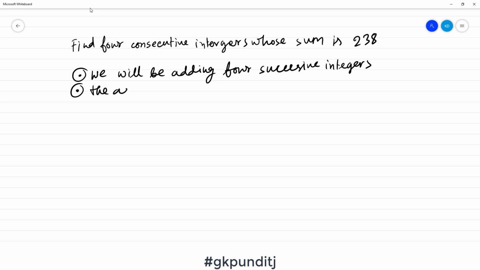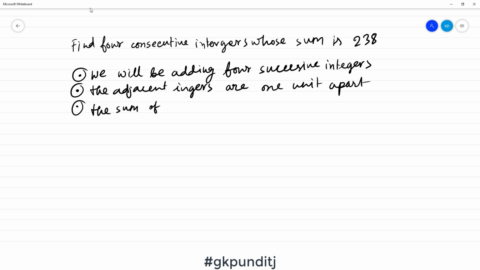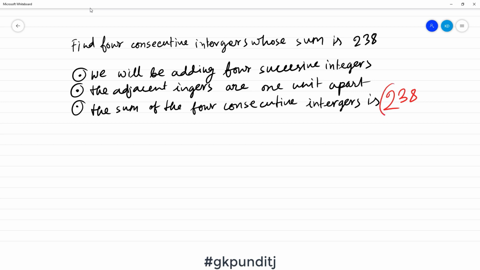Now the adjacent integers are 1 unit apart, and the sum of the 4 consecutive integers, that is very important, is given as 238.